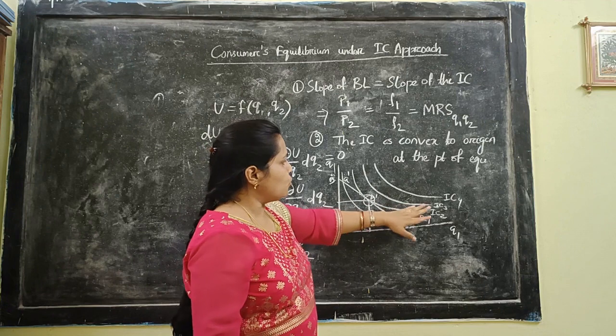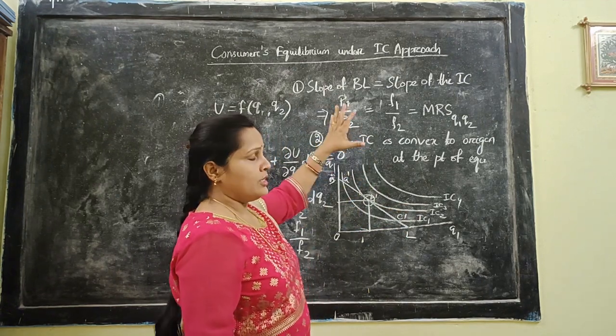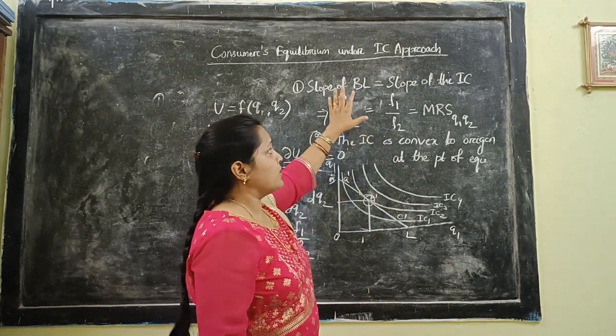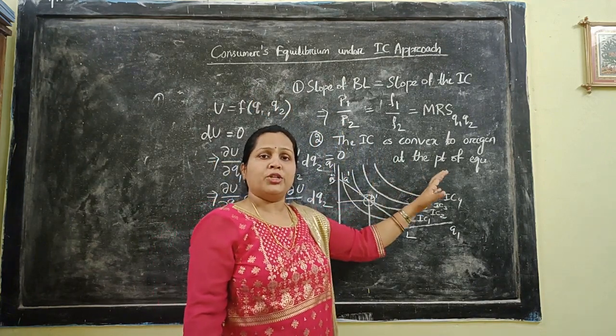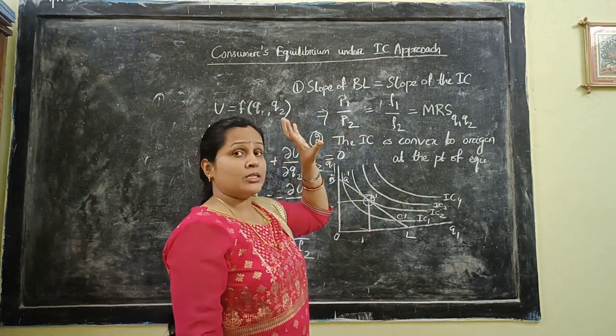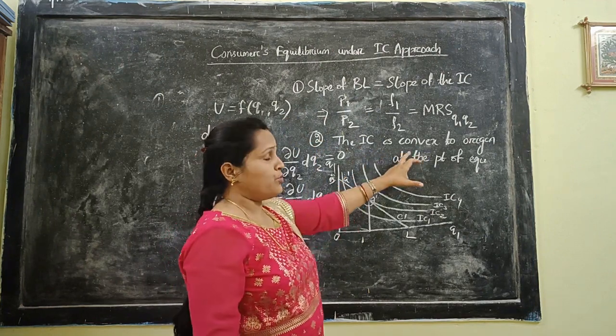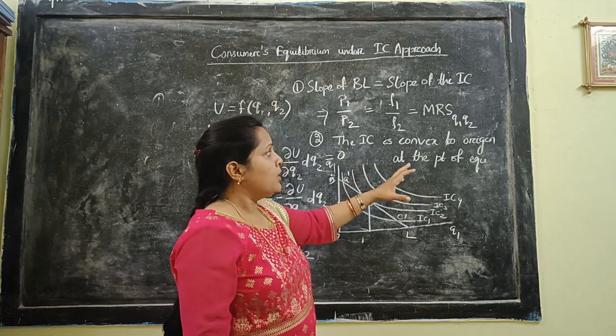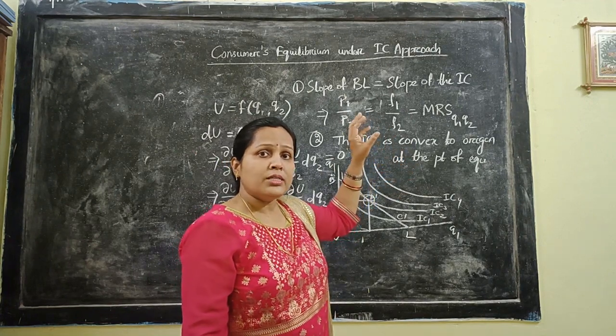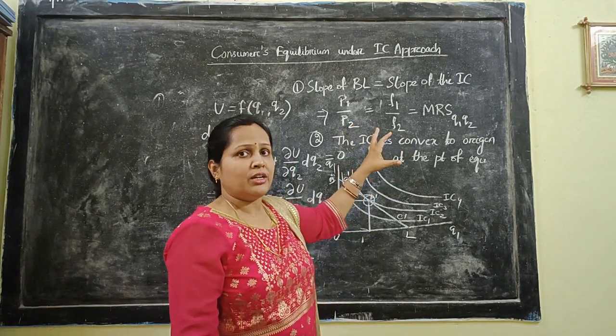Right, so these are the two conditions. The first one is the necessary condition: the slope of the budget line is equal to the slope of the indifference curve. And the second one is the sufficient condition, that is the indifference curve has to be convex at the point of equilibrium. At the point of equilibrium is the second order sufficient condition.